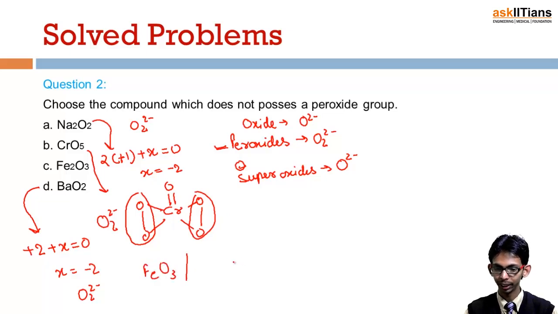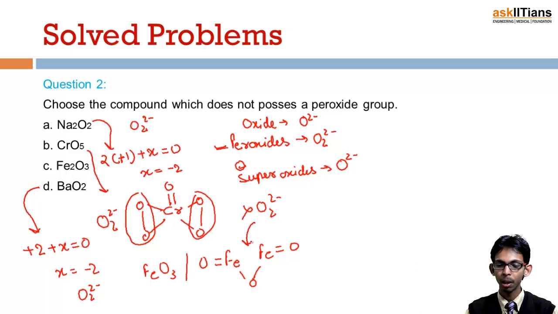The structure of this is like Fe connected to oxygen from this side, another iron connected to oxygen this side, then oxygen. Here you can see there is no such radical. It does not contain any peroxide group, so it is not a peroxide. So the correct option here is C. Fe2O3 does not contain peroxide group.